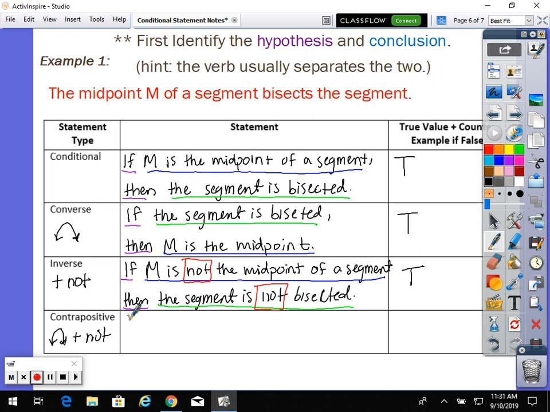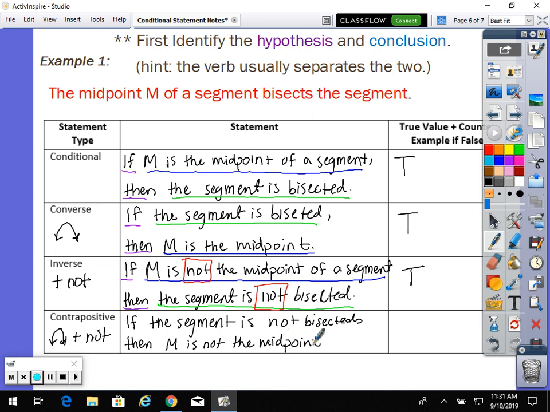So if the segment is not bisected, then M is not the midpoint.